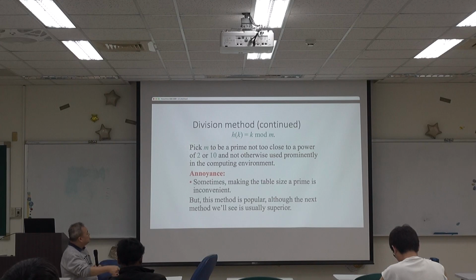Basically a large prime, not too close to a power of 2 or power of 10, will be a good choice. That's usually what we do for the division method. But there are also some issues here.